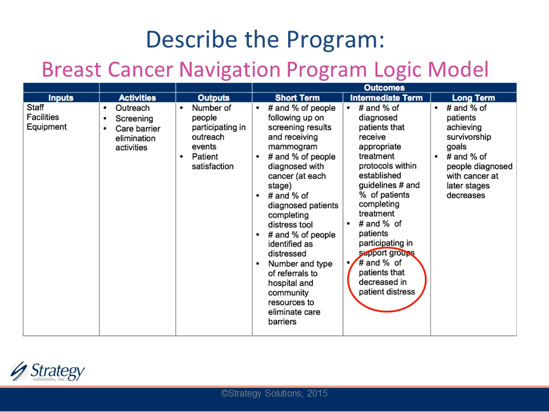Look at the number of people that are diagnosed with cancer at each stage. One of the things you want to watch for, and I mentioned earlier, is the cost savings of these things.